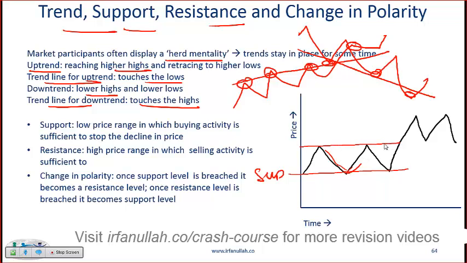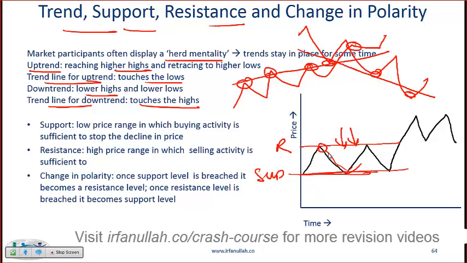This is called a resistance level, where the market believes that the stock price has reached a high, and then people stop buying and start selling. So think of the resistance line as a resistance to an increase in stock price, and a support level as a base, below which the price will not go.